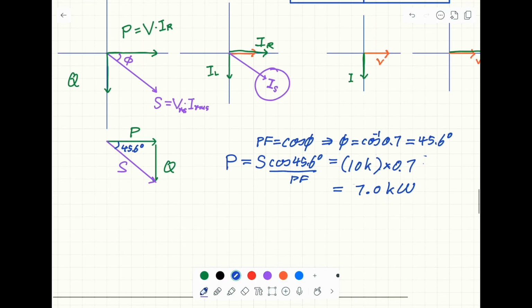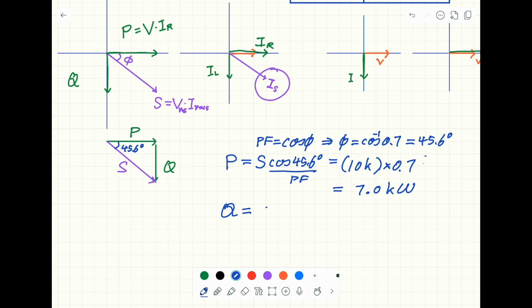Now the reactive power, it means the Q. Q here is the power stored and released by the inductor.